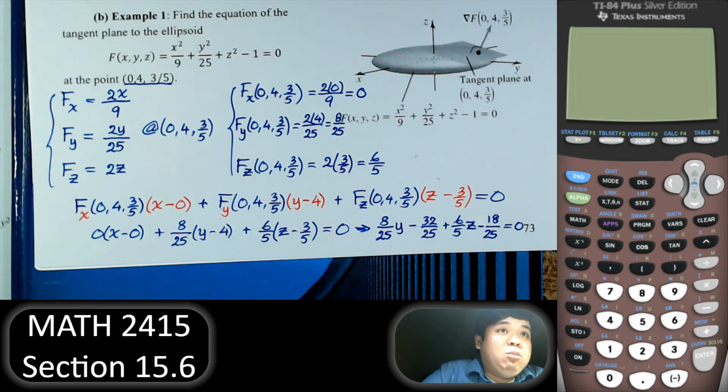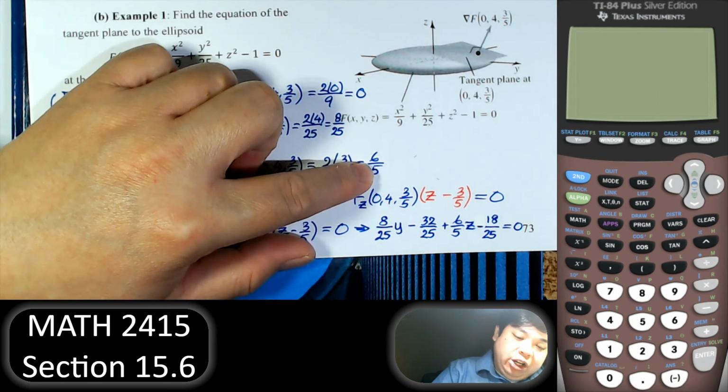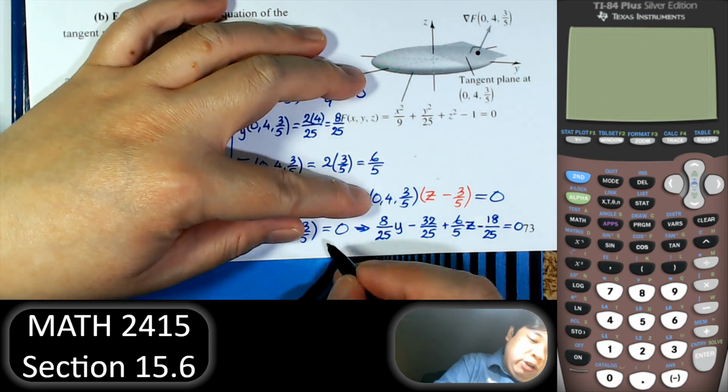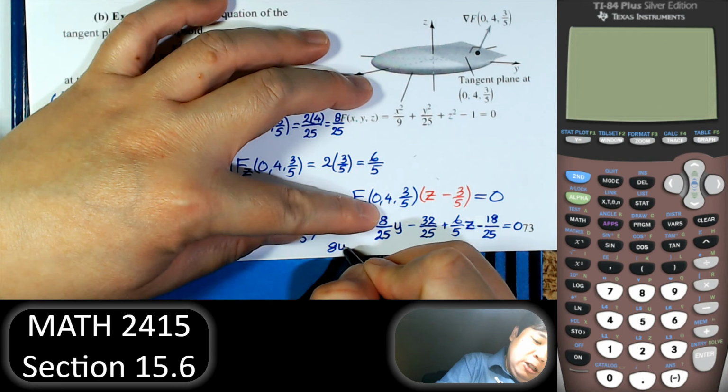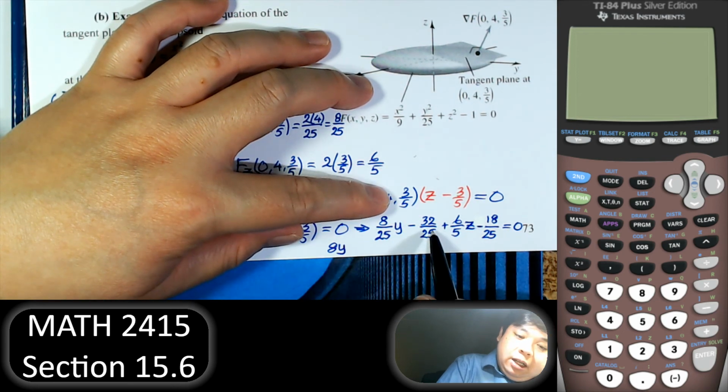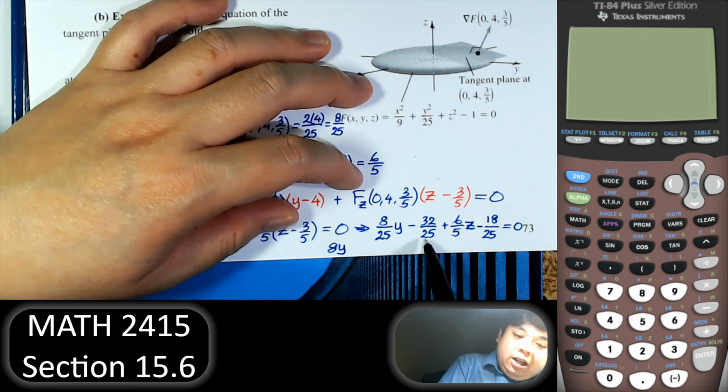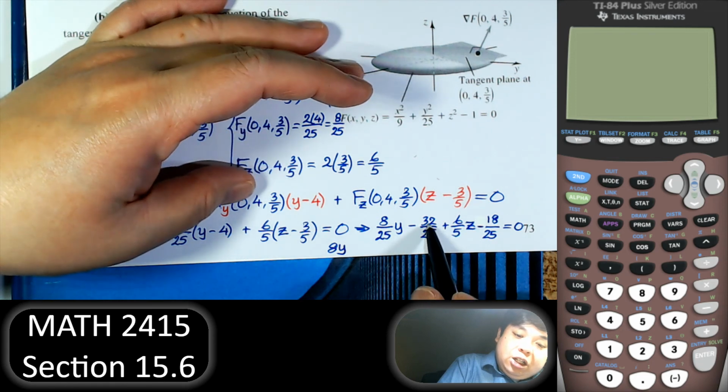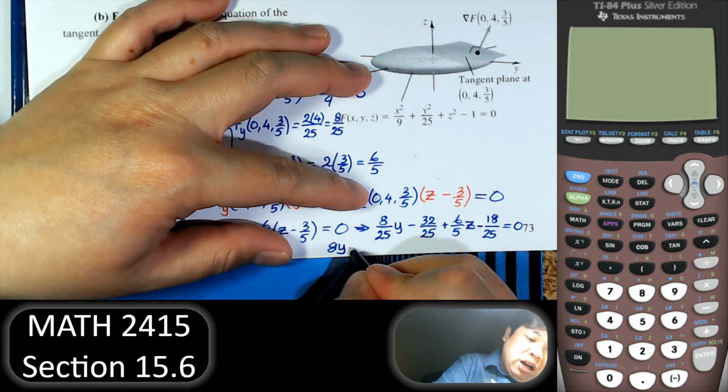If we want to, we can multiply everything by 25 and we get rid of all the fractions, all the denominators. So multiply everything by 25, we have 8y. And multiplying by 25, that gives us 32 and minus 18, so that's minus 50.